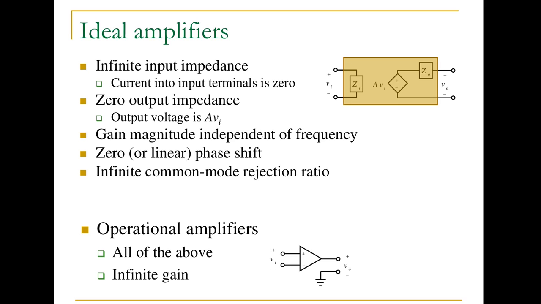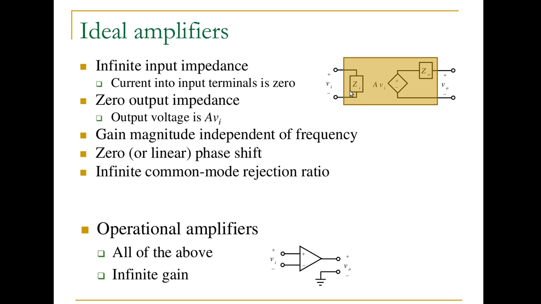Ideal amplifiers follow these assumptions. These assumptions say that the input current into the impedance is 0. That's because we assume that there's an infinite impedance, so 0 current. There's 0 output impedance, so that means that the output voltage is just the gain times the input voltage.